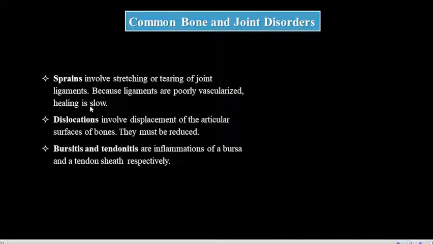Kasi nga, wala silang blood supply that provides nutrients. Dislocation, displacement of the articular surfaces of the bones, na-dislocate yung bone mo, meaning nawala siya sa kanyang normal place. Bursitis naman and tendonitis is an inflammation of the bursa and the tendon sheath respectively. So, inflammation lang ito sila.